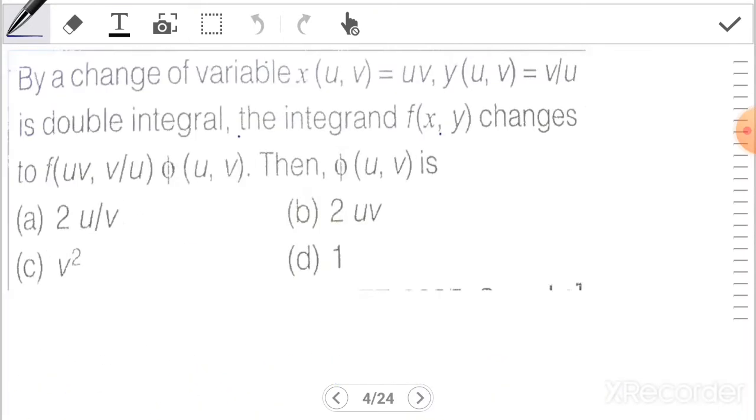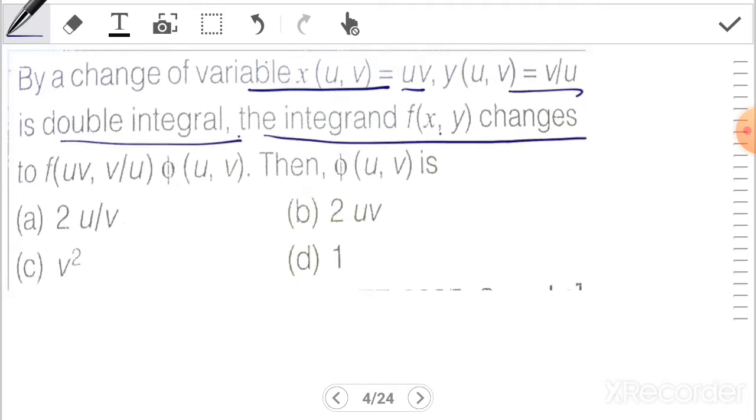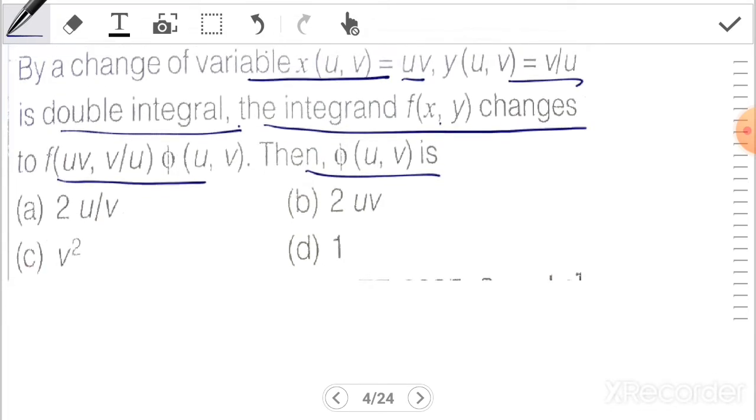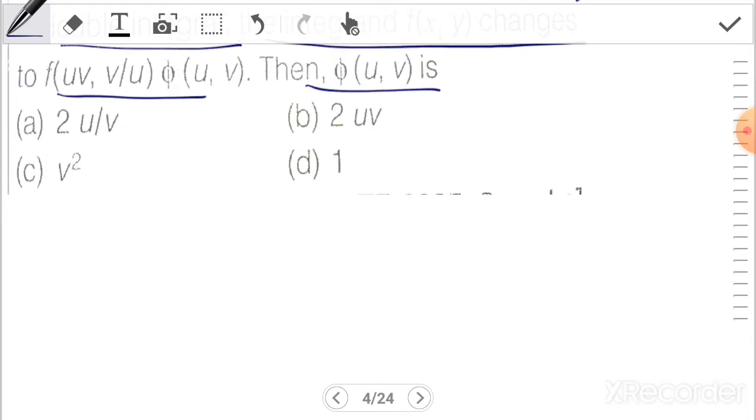Next question is, by a change of variable x(u,v) is equal to uv, y(u,v) is equal to v by u, the double integral, the integrand f(x,y) changes to, okay, then phi(u,v) is, this is a Jacobian function. This is from integral calculus, but still let's solve this.